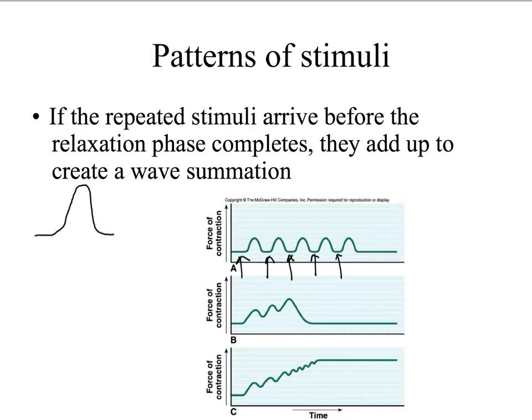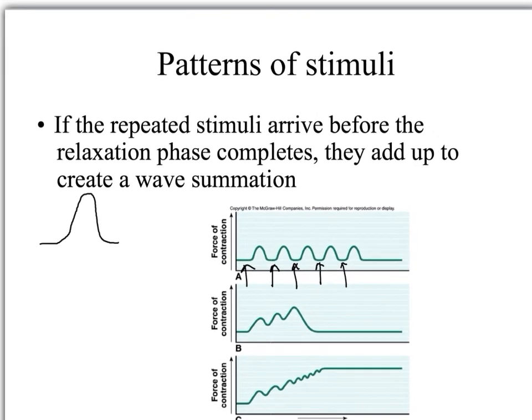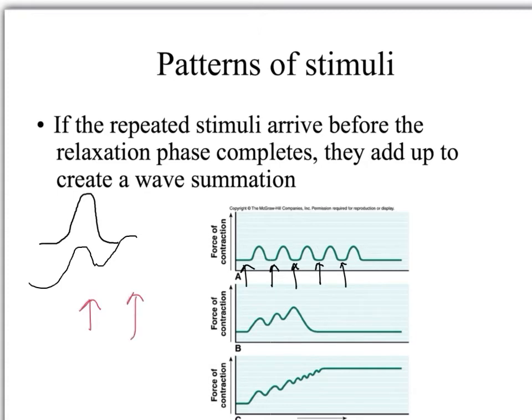However, what happens if you have your twitch, you've got your relaxation starting, but before you get to the bottom of that, you apply another stimulus? Then what happens is you build up a little bit higher. Now let's say we do another stimulus, and it's going to come up again even higher. So when you're stimulating the muscle before you've gone through the complete relaxation phase, it's going to add up.